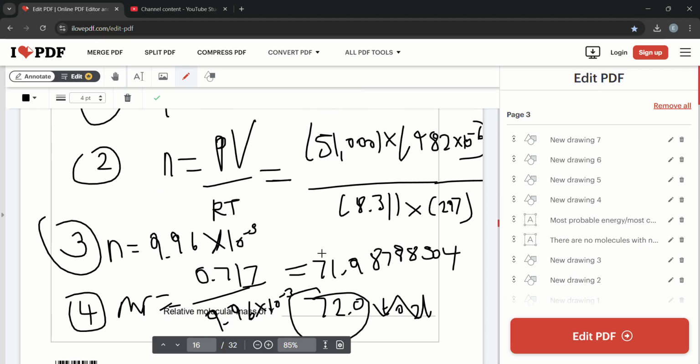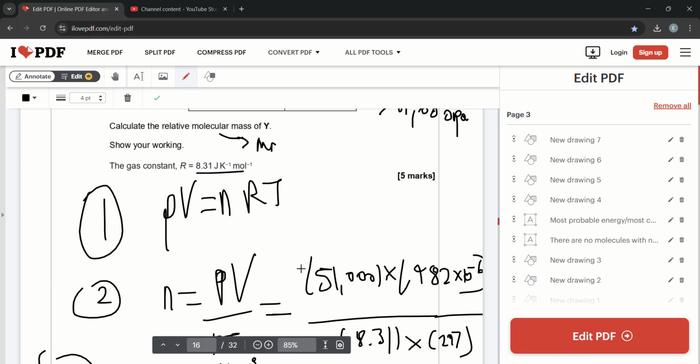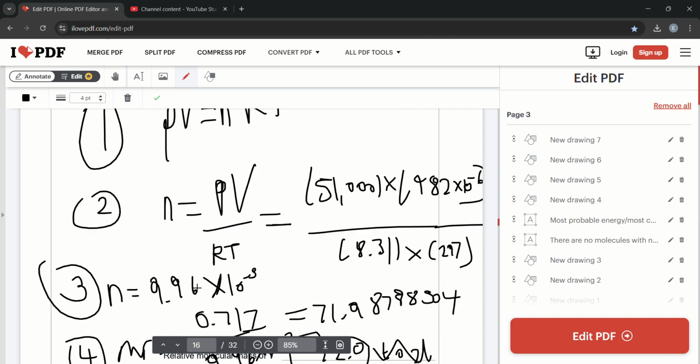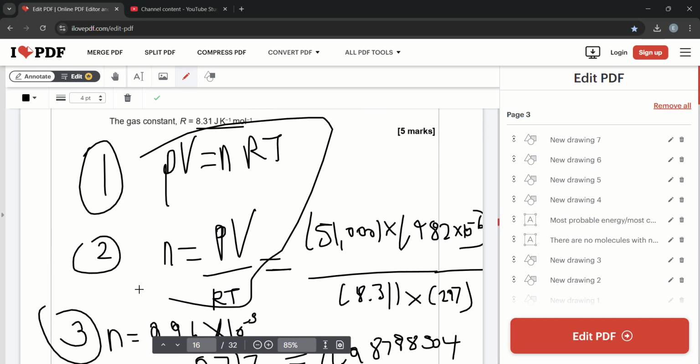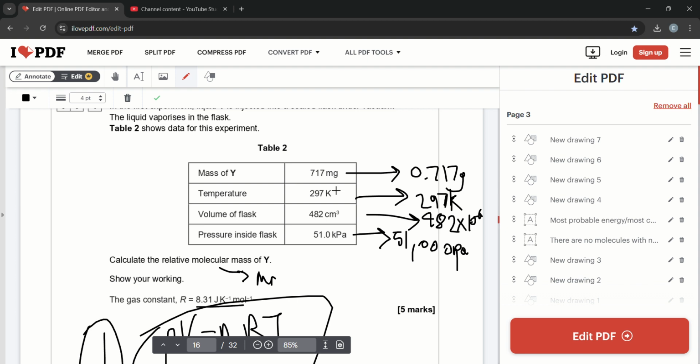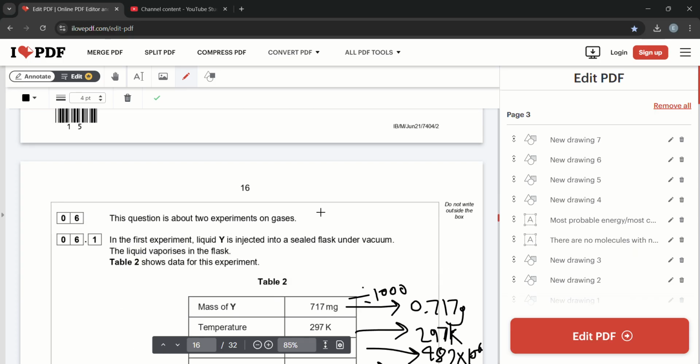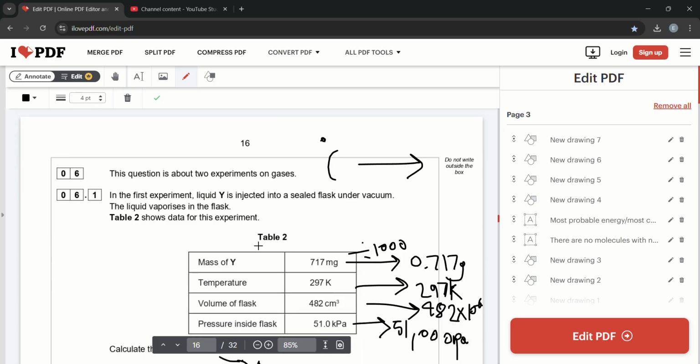So yeah, there's only a couple of parts to it. You memorize the equation, which you should know by now, and rearrange it. I'm assuming you know how to do this. The only hard part then is converting the units. From milligrams to grams, divide by 1,000. Kelvin is already in its correct unit, but if it gives the temperature in degrees Celsius, to go from degrees Celsius to Kelvin we add 273, and to go from Kelvin to degrees Celsius, we minus 273.